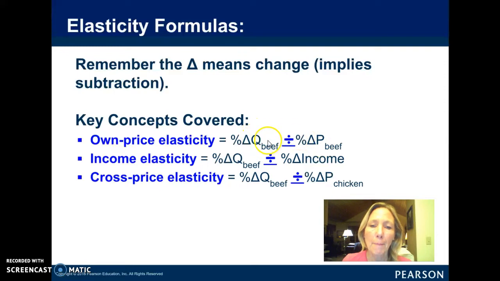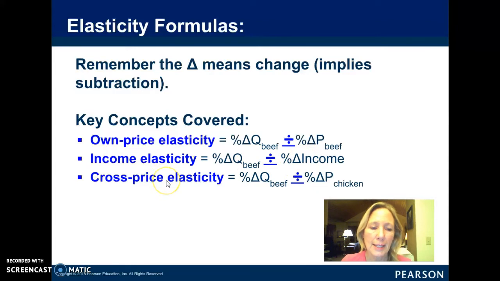So if we're looking at beef, it shows us how much demand will change when the price changes. If price goes up, demand's going to go down. Income elasticity measures how much the demand for beef will change if your income changes. So it's the percentage change in quantity of beef divided by the percentage change in income.